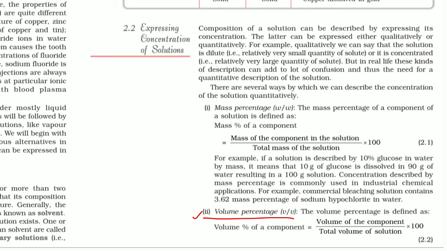volume. That means how much volume of that component or solute is present in the total volume of the solution. Mathematically, volume percentage of a component is equal to the volume of the component or solute, which we want to know how much of it is present in the solution, divided by the total volume of the solution.